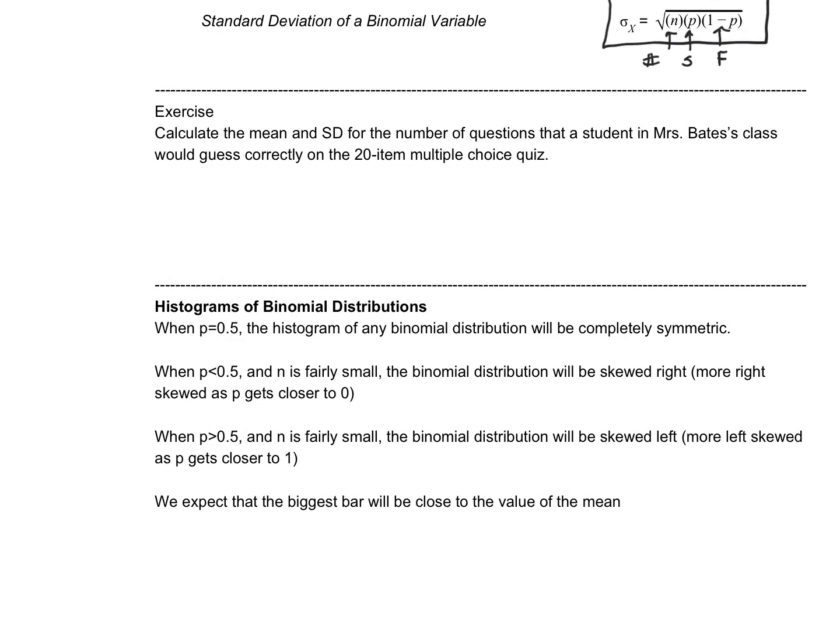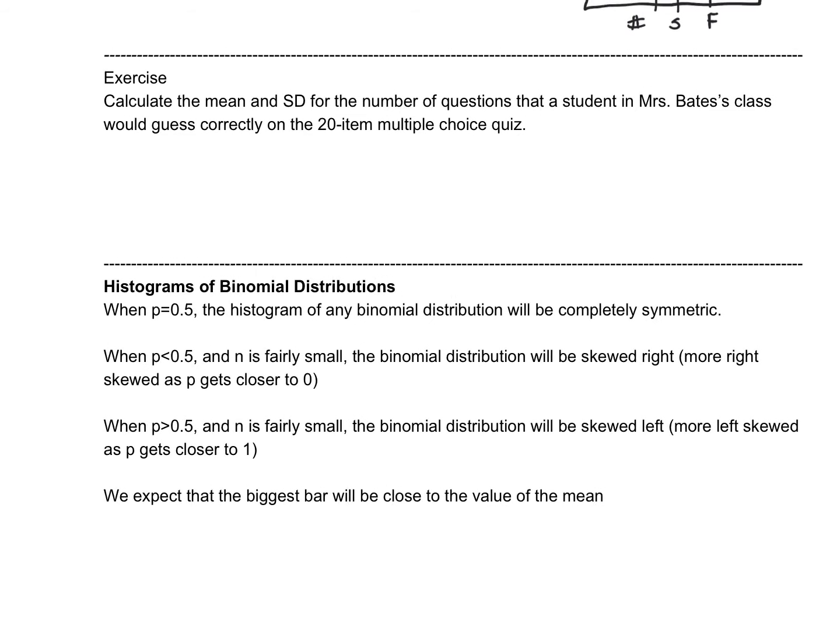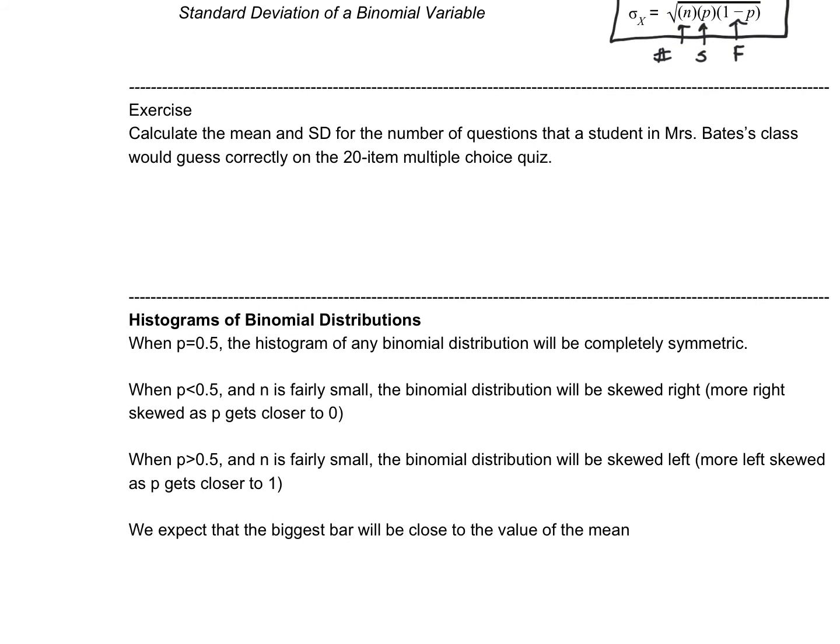It says, calculate the mean and standard deviation for the number of questions Miss Bates's class would guess correctly on a 20-item multiple choice quiz. If we want to know the mean for x, how many trials, how many questions? 20. And what was the probability of guessing correctly for each question?